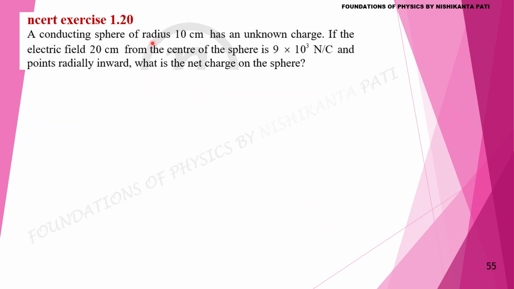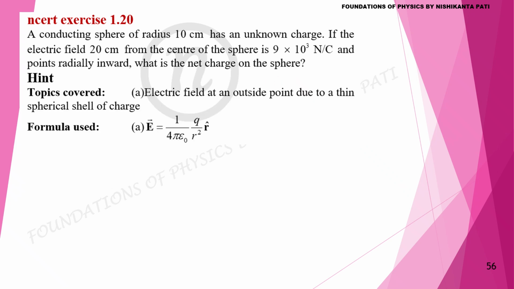A conducting sphere of radius 10 cm has an unknown charge. If the electric field 20 cm from the center of the sphere is this and points radially inward, what is the net charge on the sphere? You know, inside the conductor the electric field is 0, but here the electric field is given as non-zero.